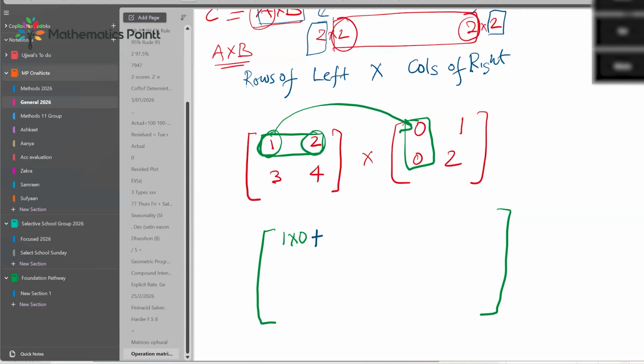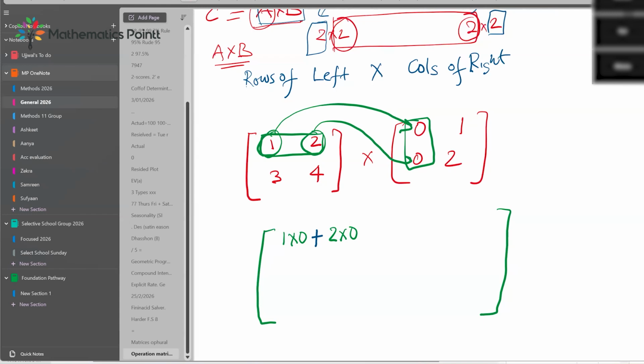The second element of the first row will now multiply the second element of the first column of the right matrix, which means 2 times 0. That forms the first element of the resultant matrix.